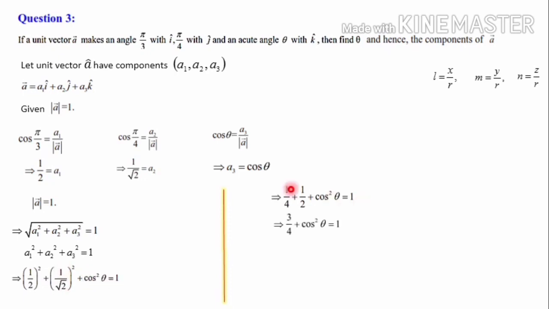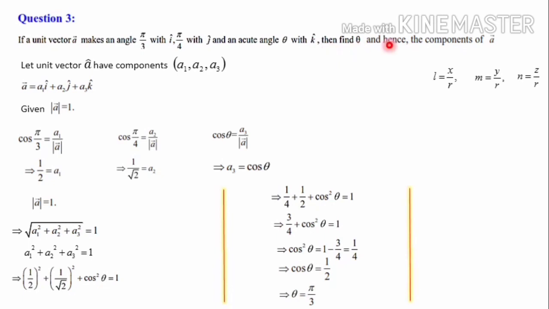Here 1 by 4 plus 1 by 2, when you do the calculation, comes to 3 by 4, plus cos square theta is equal to 1. Then cos square theta is equal to 1 minus 3 by 4, that is 4 minus 3 by 4, which is 1 by 4. Then cos theta is equal to 1 by 2. Then theta is equal to pi by 3, in the sense theta is 60 degrees. So we have got theta as pi by 3.